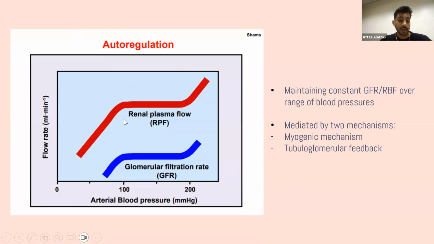It's there to make sure that the renal plasma flow and the glomerular filtration rate are constant throughout this range of blood pressure from 100 to 200. Above 200 and below 100, the renal plasma flow and the glomerular filtration rate will increase with increased blood pressure. However, they will decrease with decreased blood pressure.